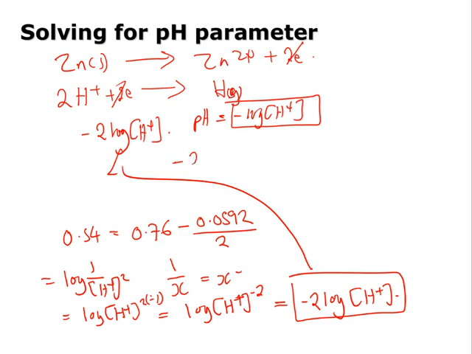We say minus 2 log hydrogen concentration is equal to 2 open brackets minus log hydrogen concentration. Then if you look, this is equal to pH, so in short this will be equal to 2 pH as your answer.